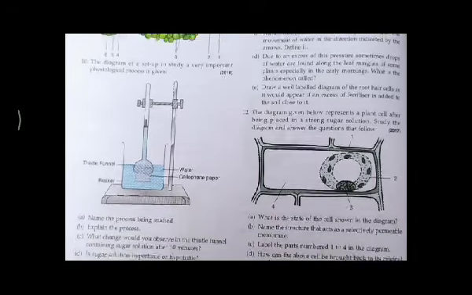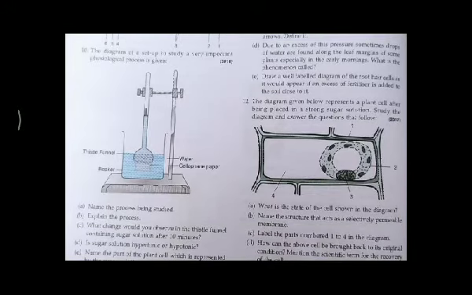The question says: the diagram of a setup to study a very important physiological process is given. Again, this question is of the year 2010 in the board examination, so you need to pay more attention to such types of questions. Have a look at this one.